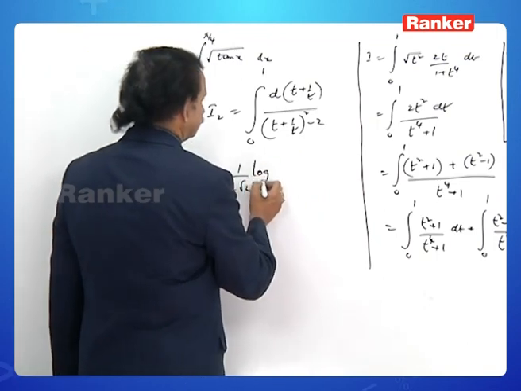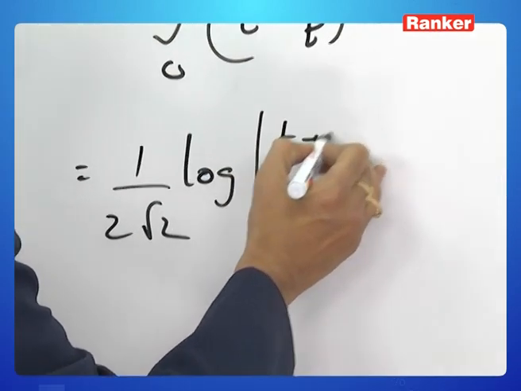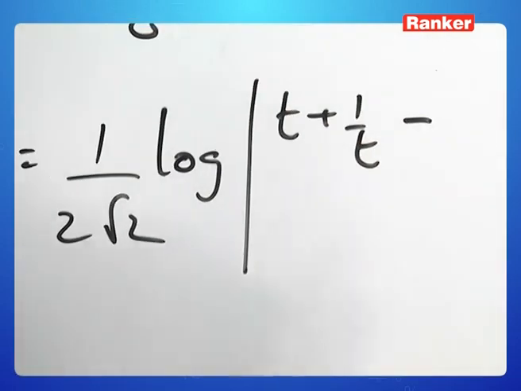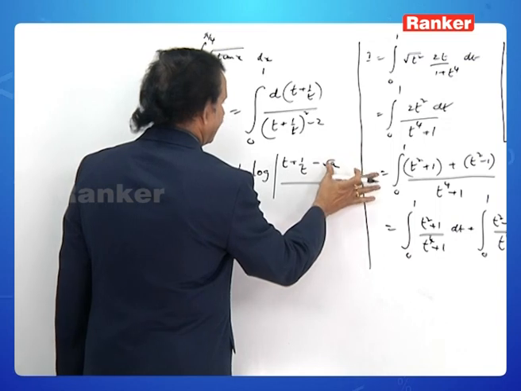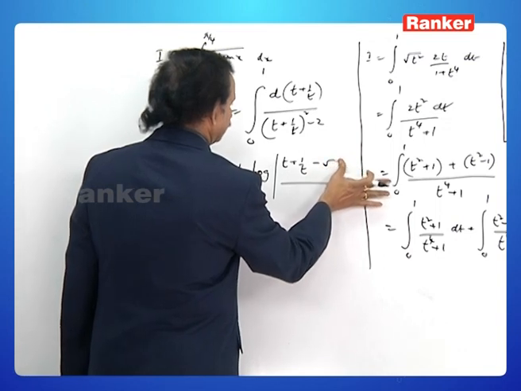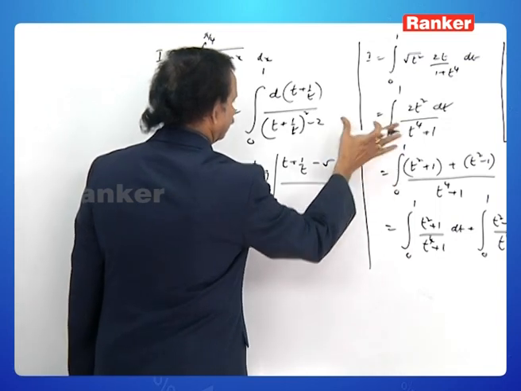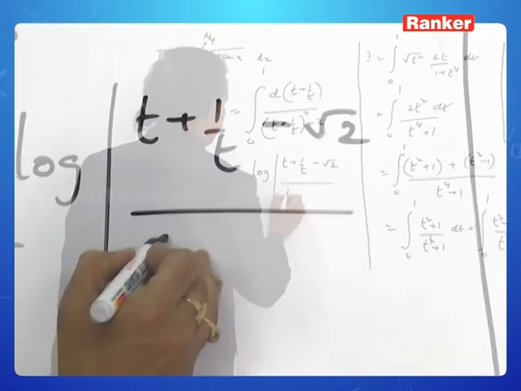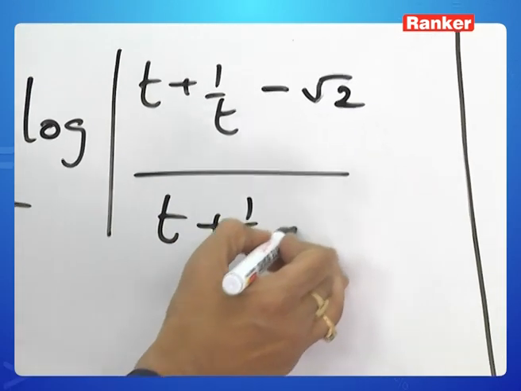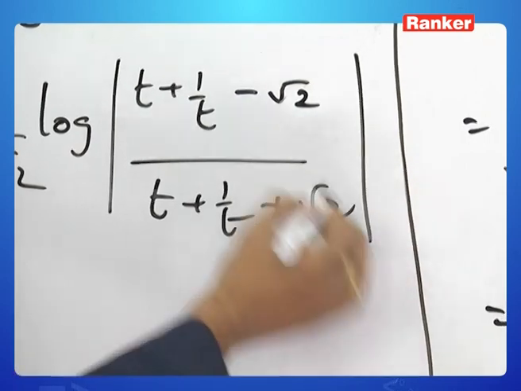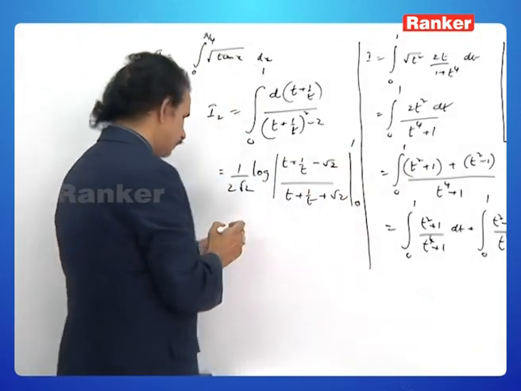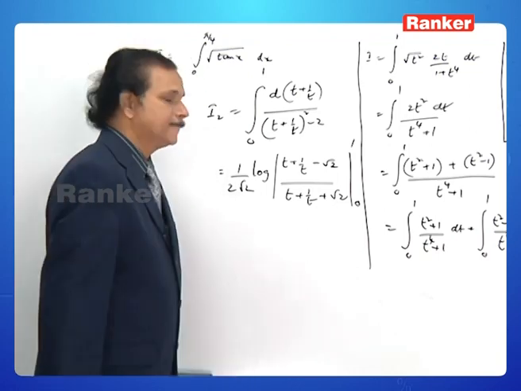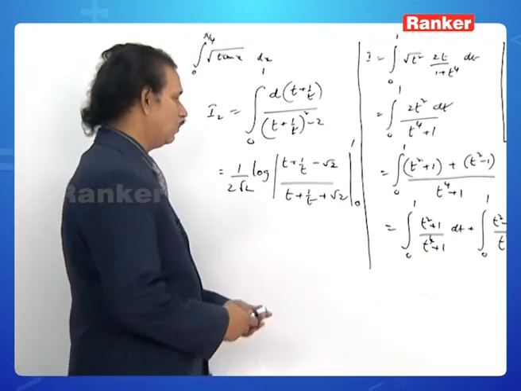Log mod t plus 1 by t minus root 2 by t plus 1 by t plus root 2. Of course, between the limits 0 and 1.